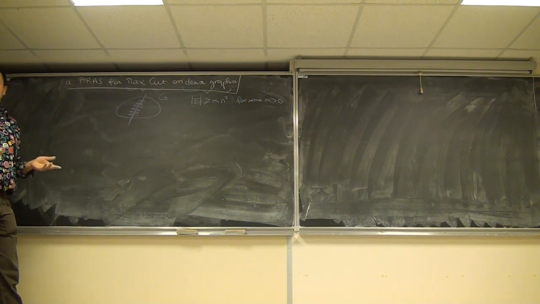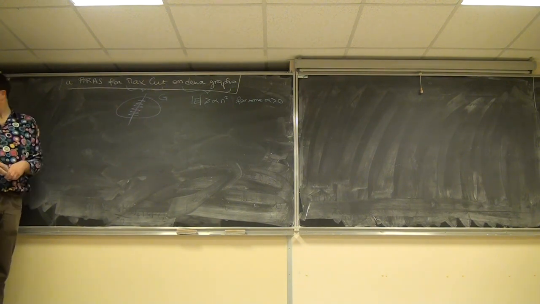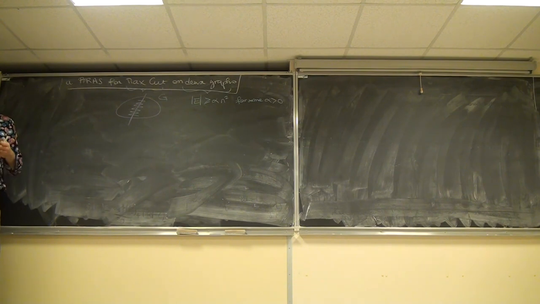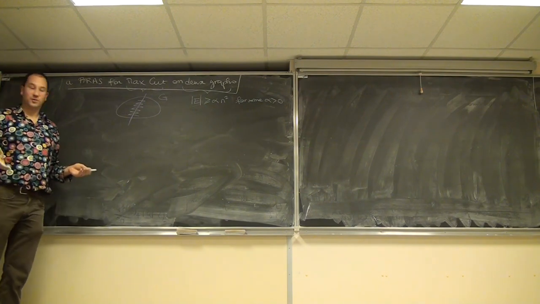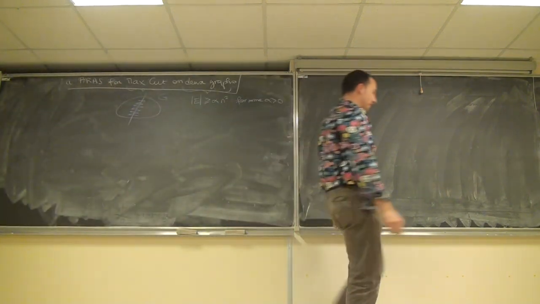If you have no idea, which is fine, what is the first thing you should try? If there is a problem and you don't know what to do, the first thing you should try is a random partition.